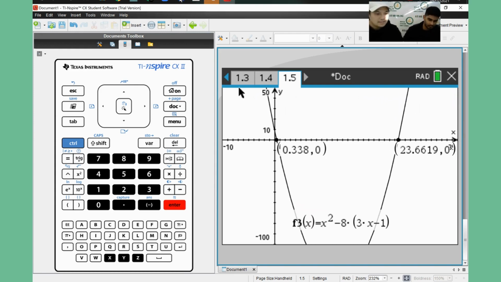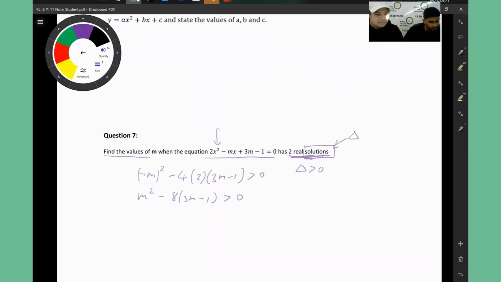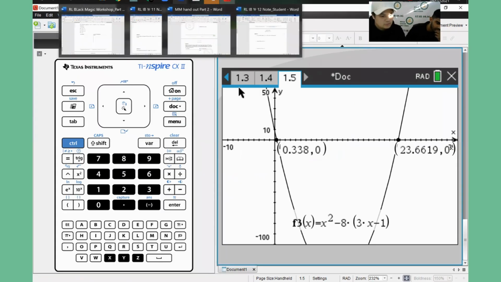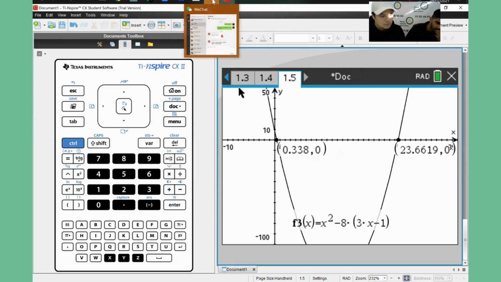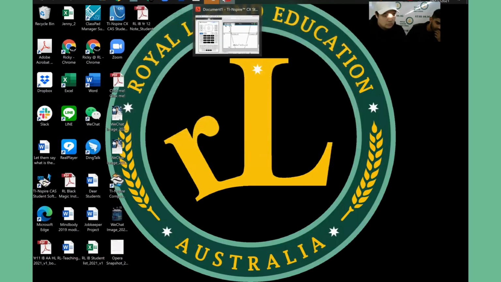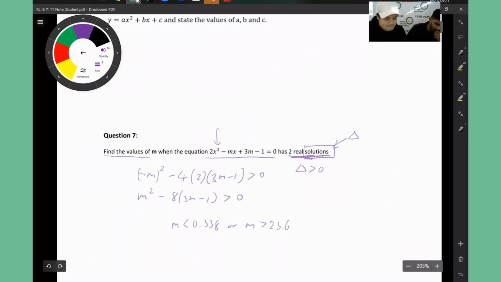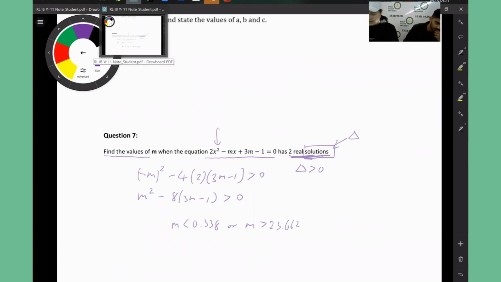So which means m is less than 0.338 or m is bigger than 23.662. Does it make sense? Good. All right, that's just a warm-up.